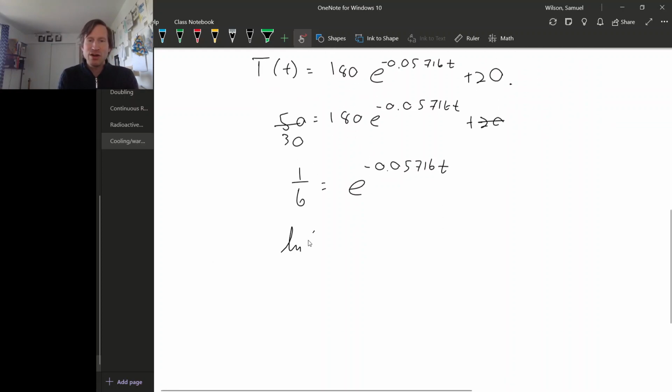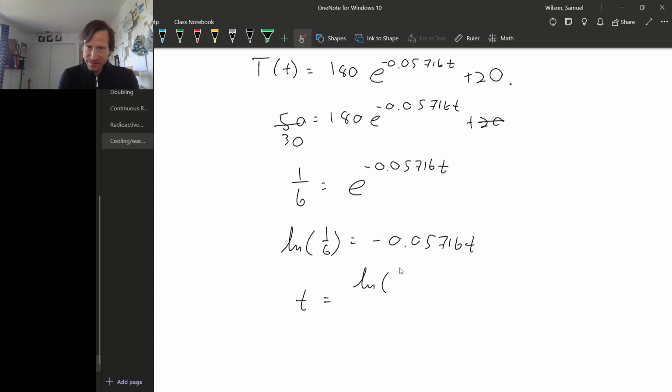Then take natural log on both sides. So natural log of 1 over 6 is negative 0.05716 t. And then divide. t is natural log of 1 over 6 over negative 0.05716. And then punch this all into a calculator.